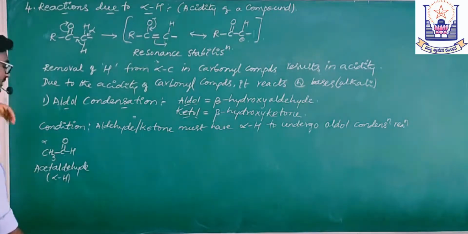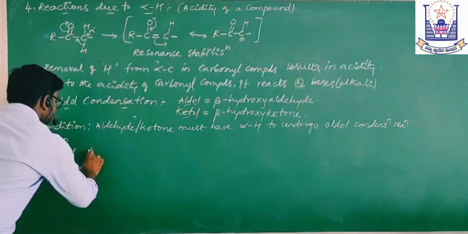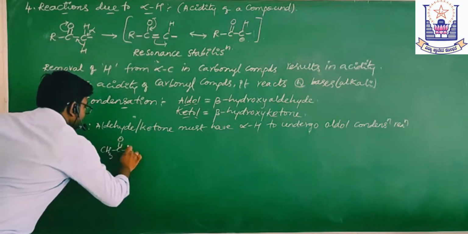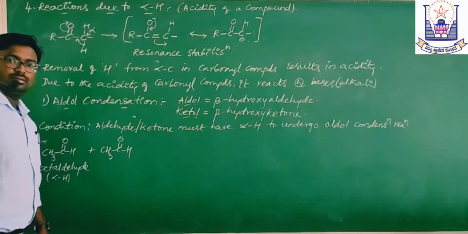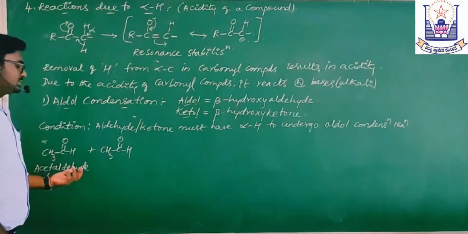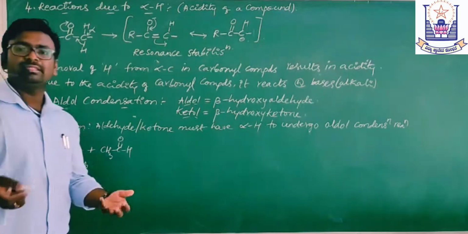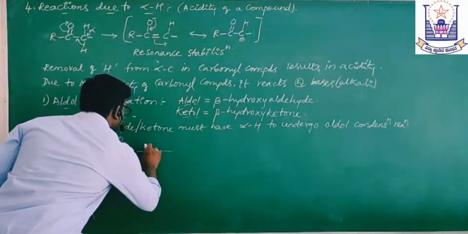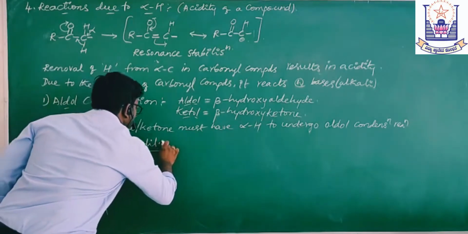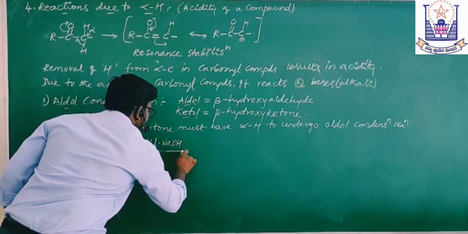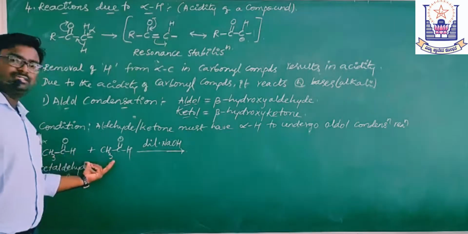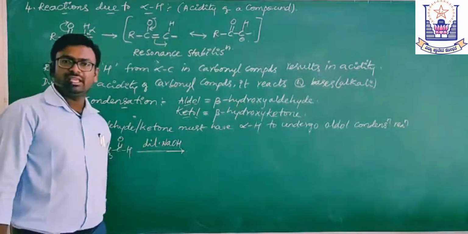Let us take 2 moles of acetaldehyde. This will undergo reaction with a dilute alkali, because these have acidic property. That's why it reacts with the alkali.